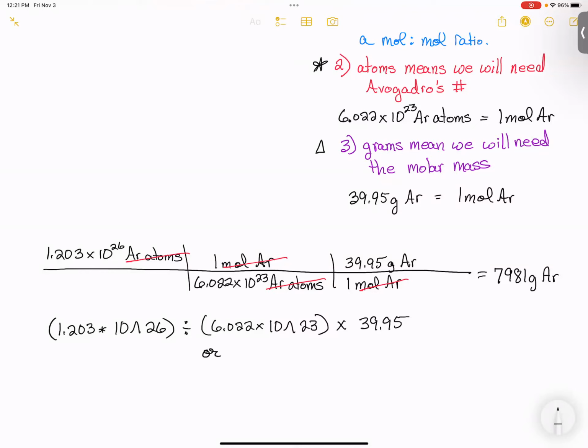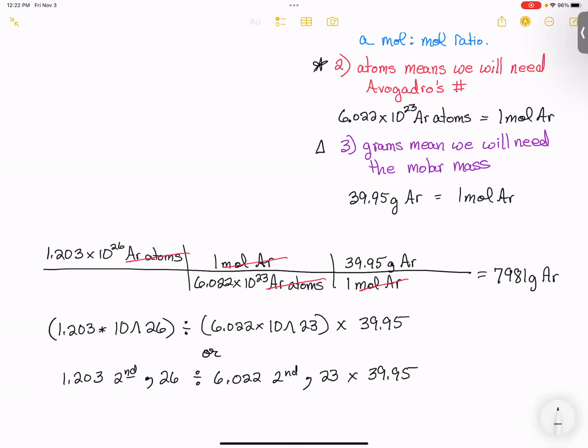Or you can key it in as 1.203 second, comma, 26, divide 6.022 times 10 to the, excuse me, second, comma, 23 times 39.95.